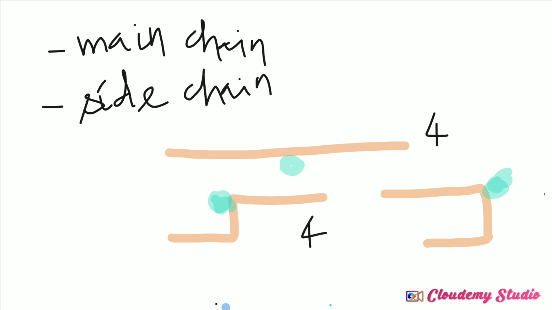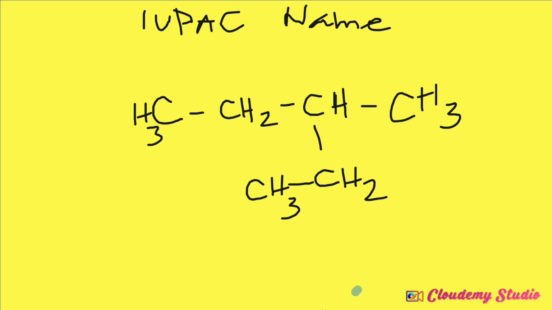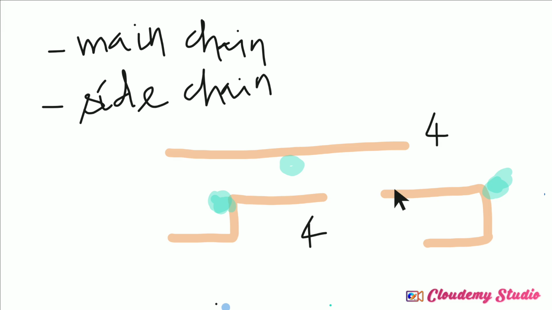One more way we can arrange the chain is in this order. This way the chain comes, and here this will be the side chain. Here we can check the total number of carbon atoms.